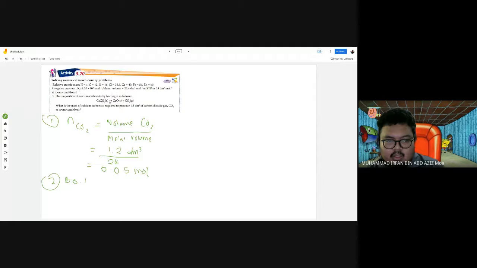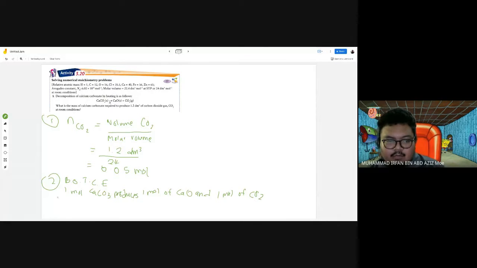Based on the chemical equation, 1 mole of CaCO3 produce, sorry, bukan react, produce, 1 mole of calcium oxide and 1 mole of CO2.